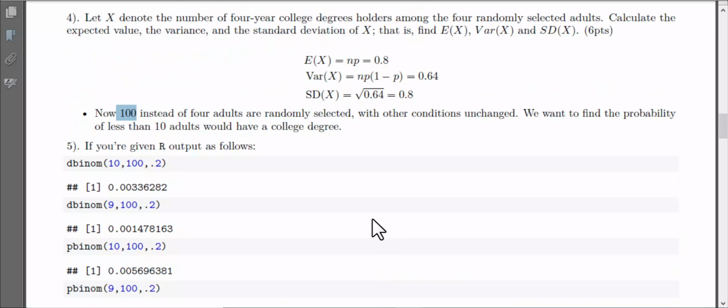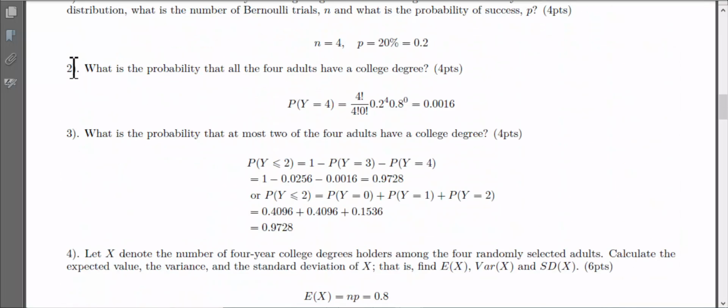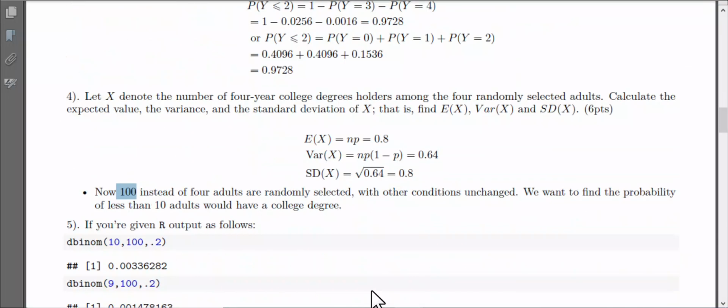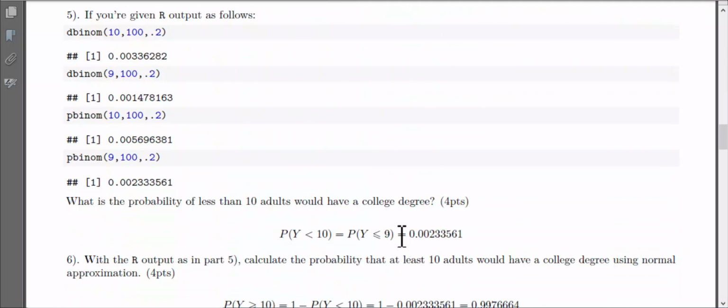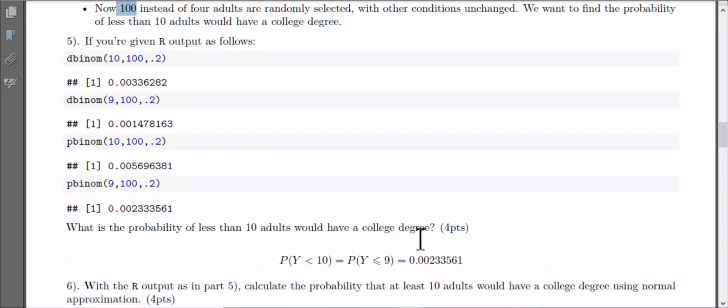If we follow the way we did in part 2, then we have to do that kind of calculation from 0, 1, up to 9, 10 times. That's too tedious, right? That's exactly why we have to turn to the help of R. So in our case, we are going to use this command here, which gives the probability for y less than or equal to 9.